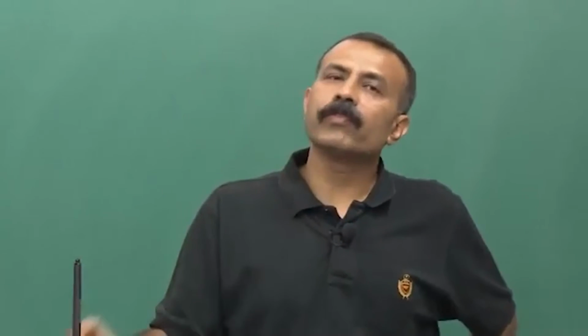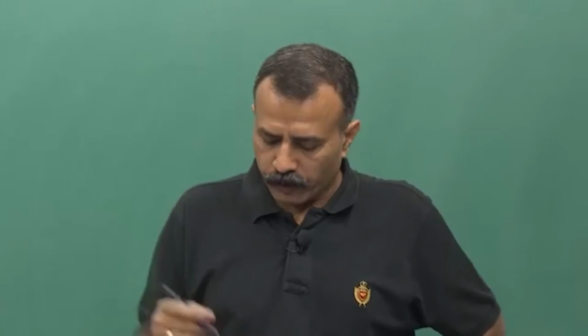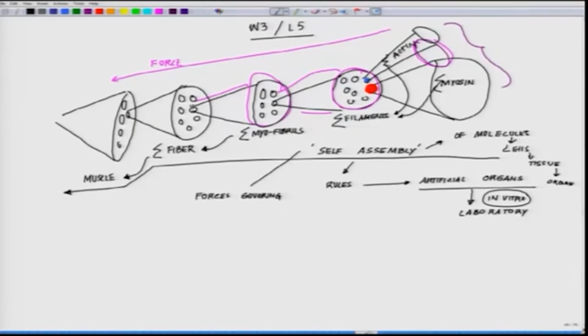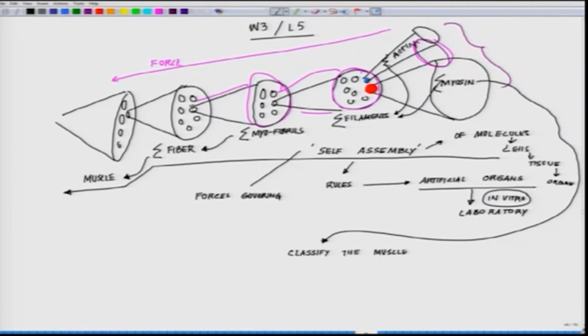So, that is why if you remember, I told you, now if I go back to previous week's lecture, when I show you the hierarchy, like here. Based on the myosin subtype, that is a lecture, last lecture of third week, you can classify the muscle based on myosin subtype.